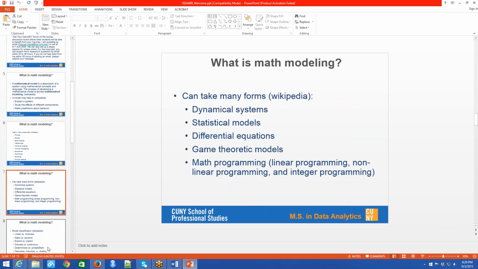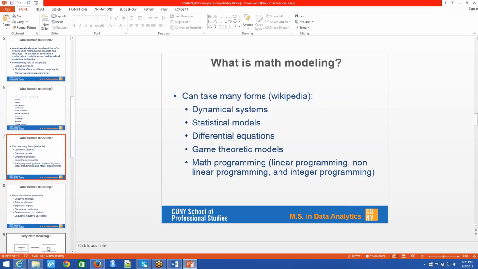And then math modeling itself can take multiple forms. It can be dynamical systems, statistical models, differential equations, game theory models, and also something specific called math programming. It includes linear programming, nonlinear programming, and integer programming, even heuristic programming as well.